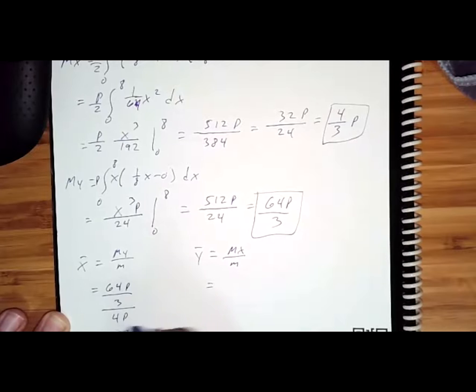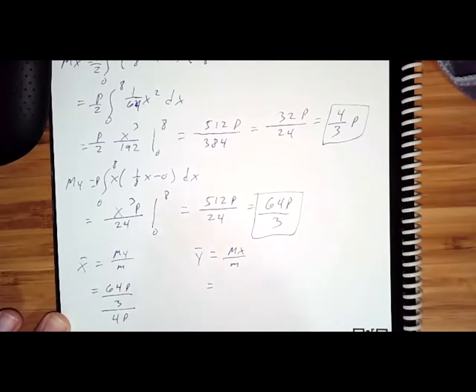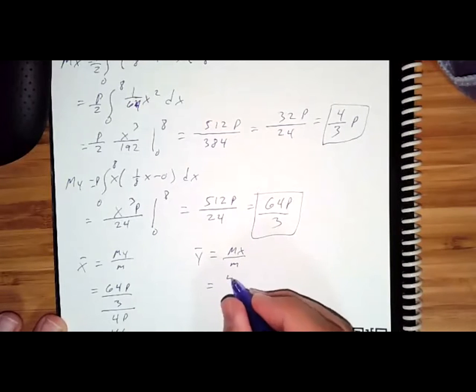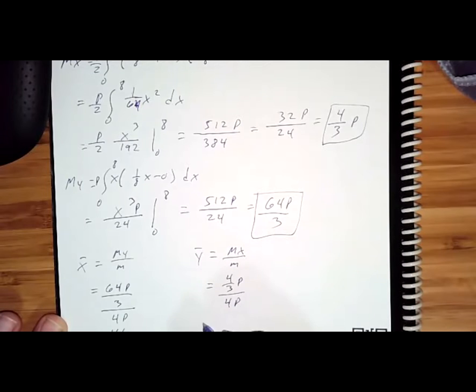And for y bar, this guy will be 4 thirds p divided by 4p, which is 1/3.